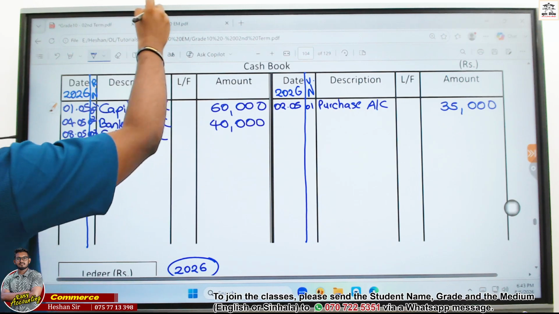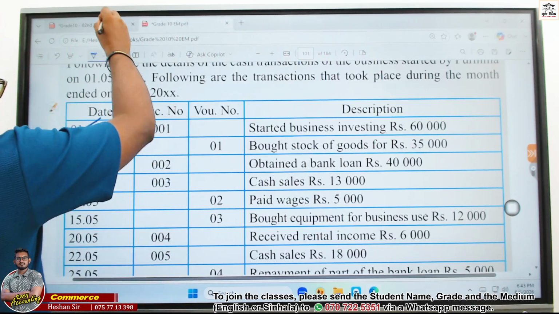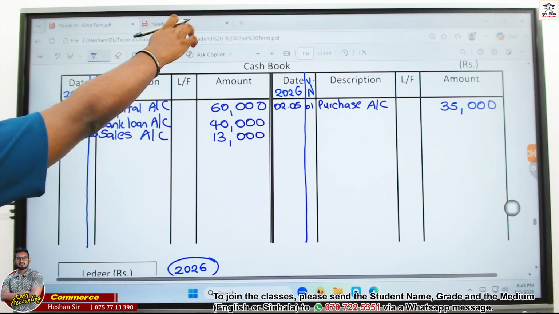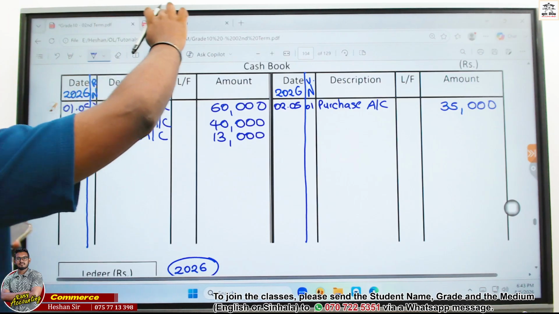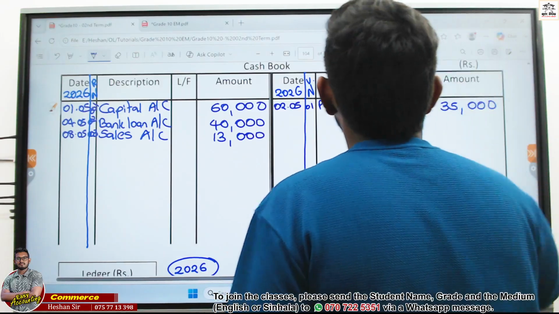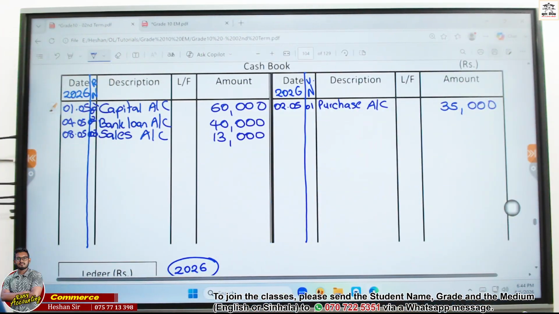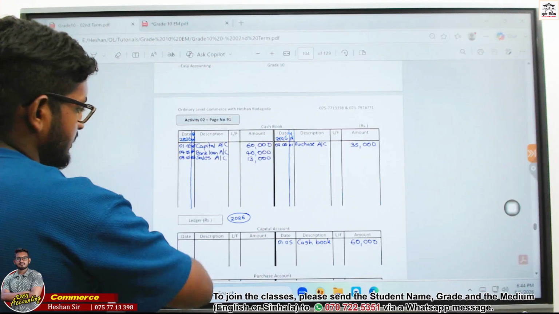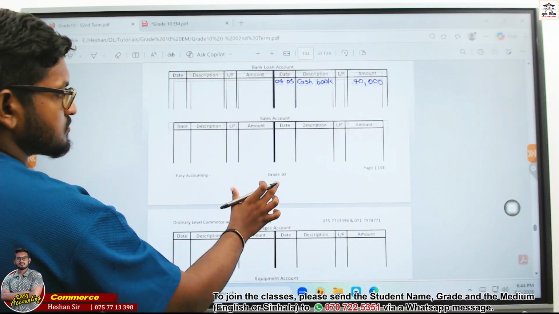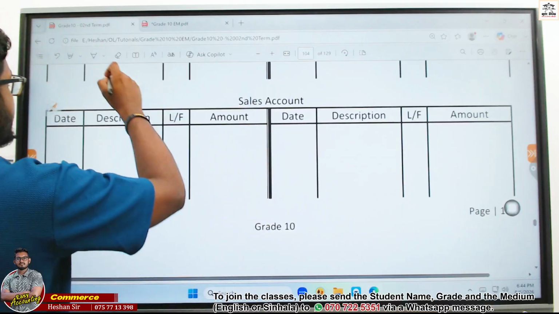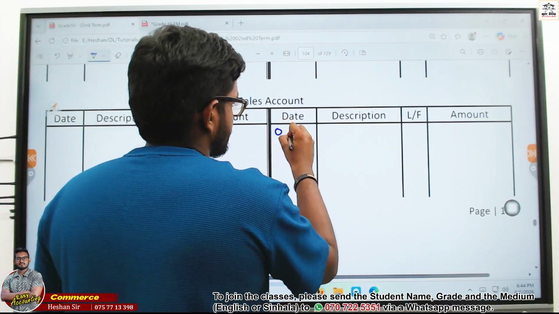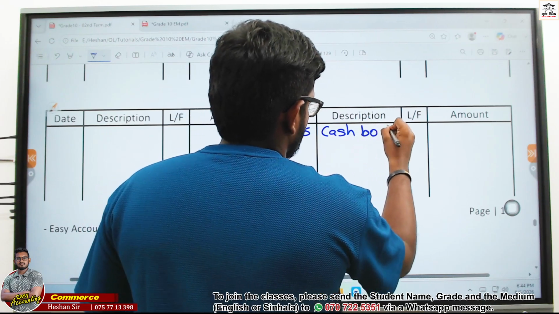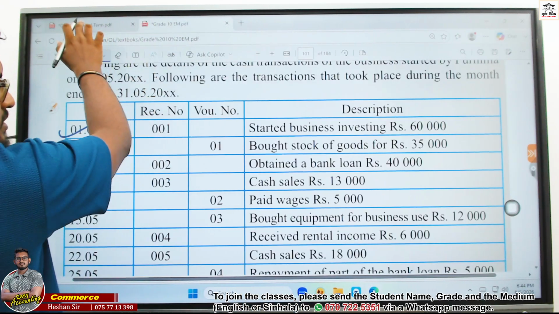How much cash sale? Cash sales 13,000. Cash book debit, sales account credit. Go and credit the sales account, 8th of May. Cash book.